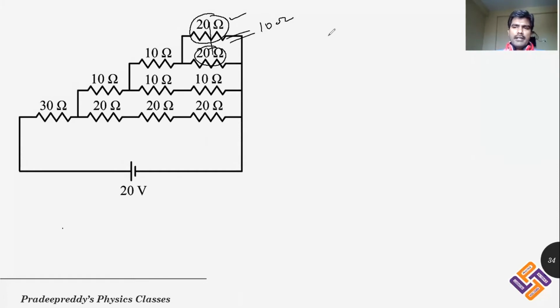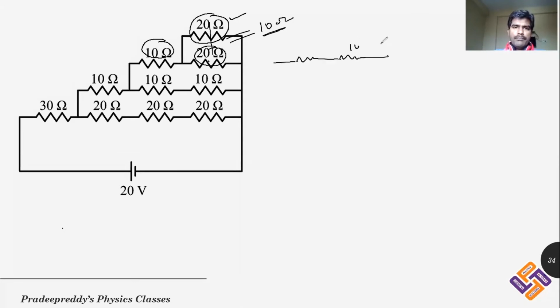That we have already seen in the previous video lecture. As they are connected in parallel, the effective resistance becomes 10 ohm. That 10 ohm resistance is in series with this resistor. So till here you have the circuit.